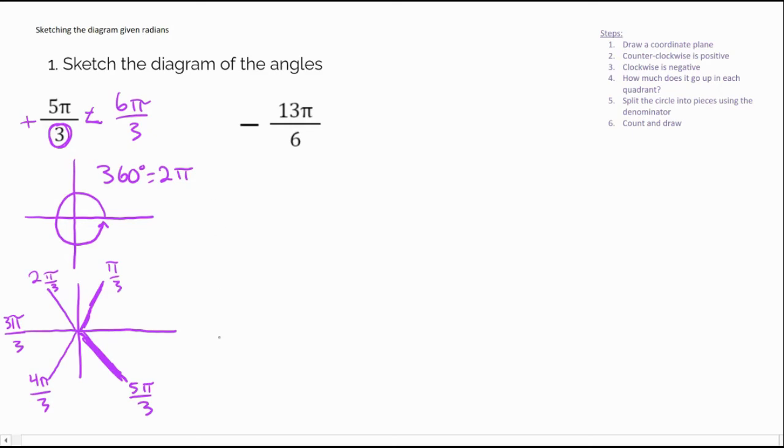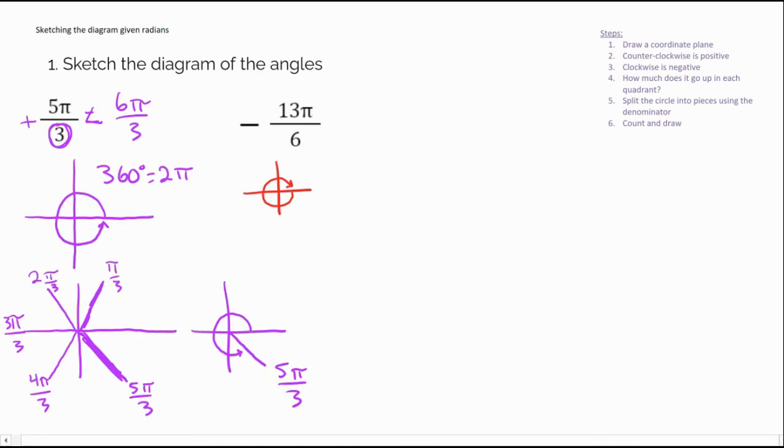So when I'm drawing this diagram, we'll draw it one more time. I know that it lands right around here-ish. Again, it's not perfect, but it is positive, so I'm going counterclockwise, and I can say that that is about 5 pi over 3.